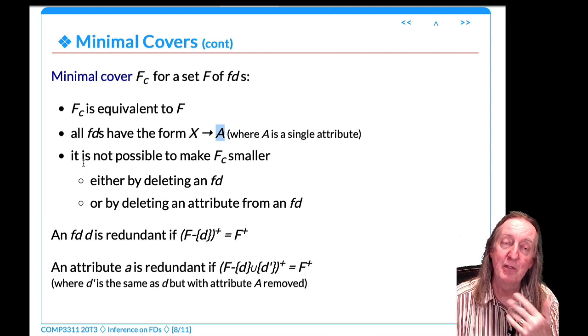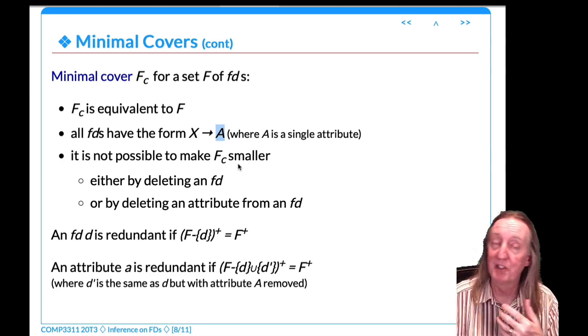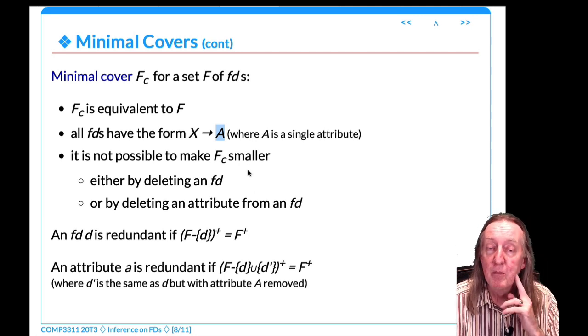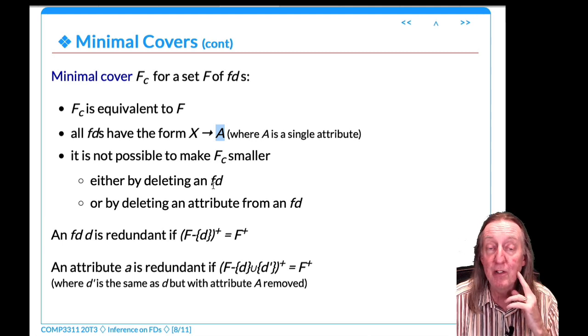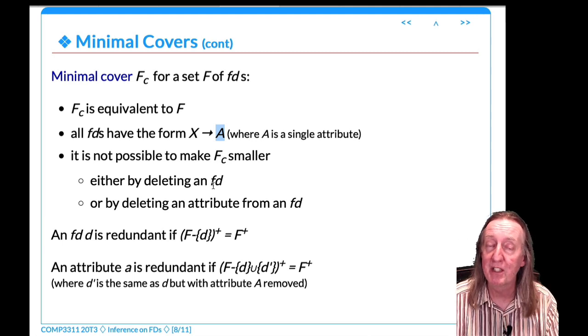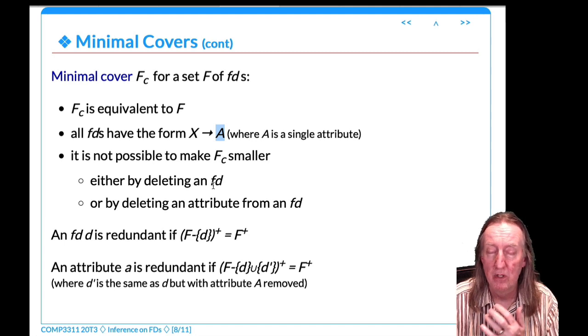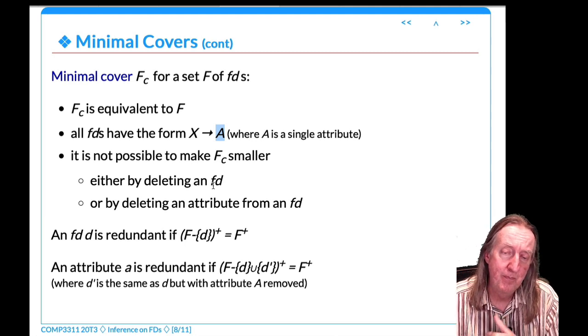And obviously, if it's a minimal cover, we don't want to be able to make it smaller, or it's not a minimal cover if we can make it smaller. Potential ways of making it smaller could be getting rid of a functional dependency that doesn't actually add anything to the set of functional dependencies, or by deleting an attribute.